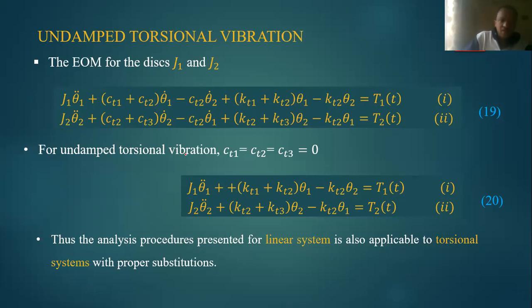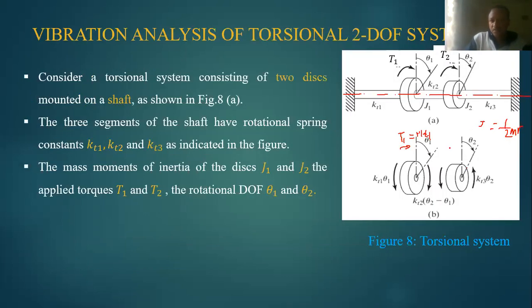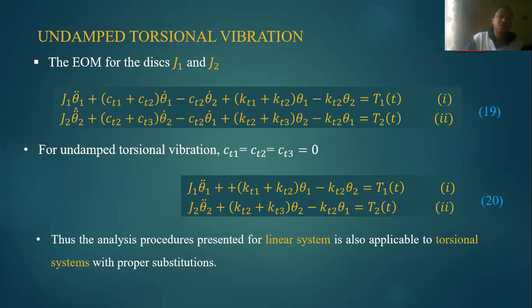For the second disc, we also have this equation: J2 θ2 double dot plus (CT2 plus CT3) θ2 dot minus CT2 θ1 dot plus (KT2 plus KT3) θ2 minus KT2 θ1, which is equal to torque T2, a function of time.